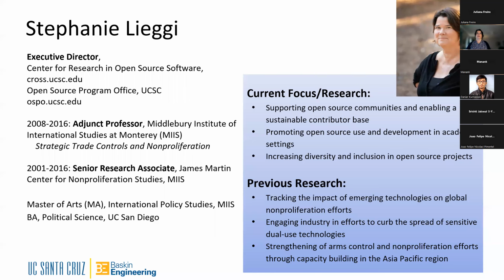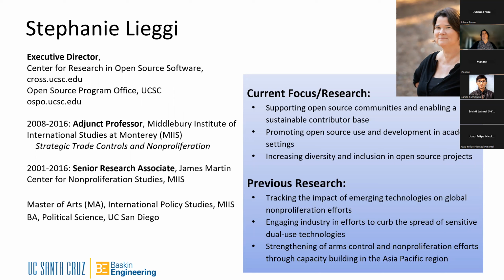All right, so this is me. I'm executive director of the Center for Research and Open Source Software, as well as our newly started open source program office. And I work to support open source, particularly the open source communities here. One of the big things I like to look at are these mentorship programs that we do over the summer. That's one of my big focuses. As you can see, I'm not a computer scientist.